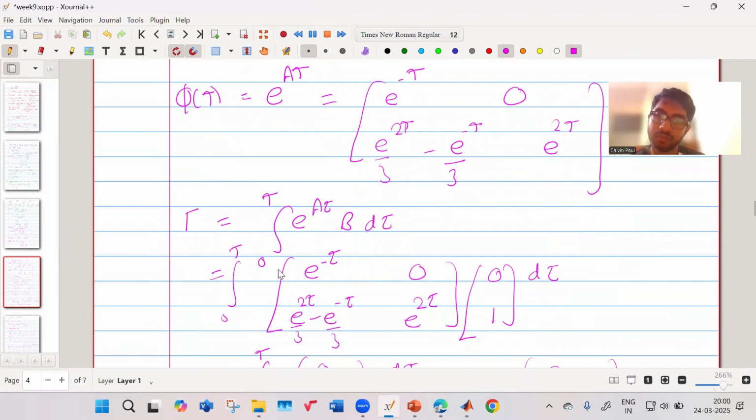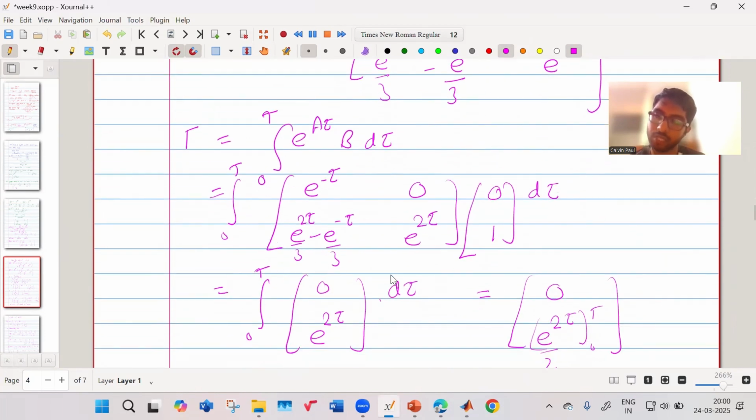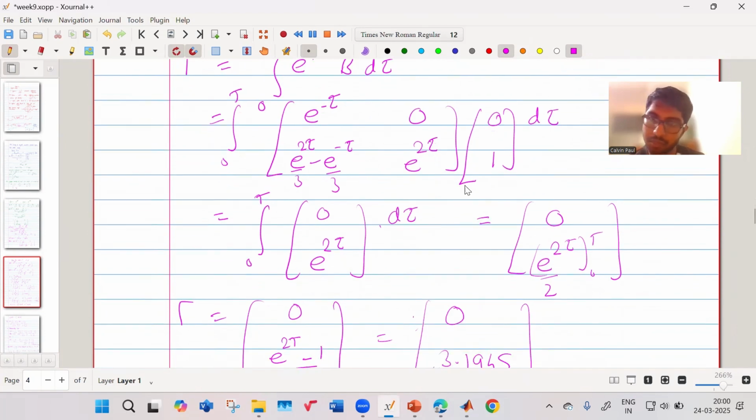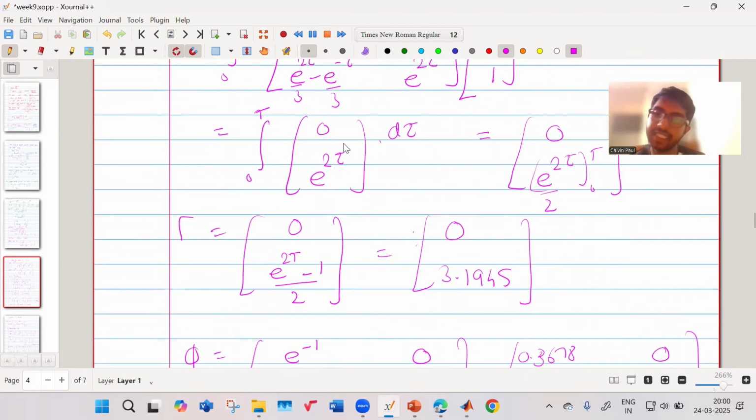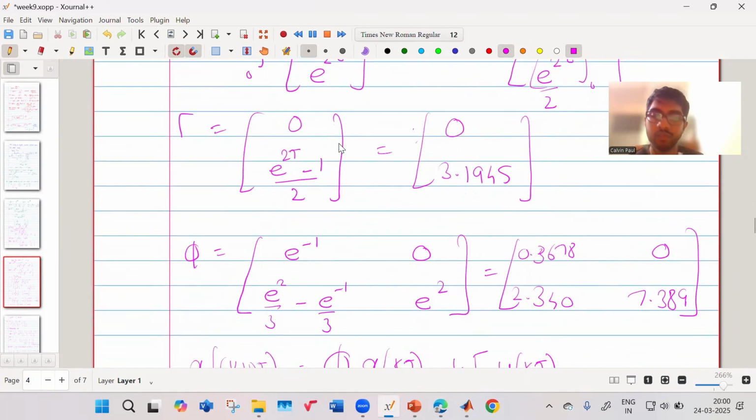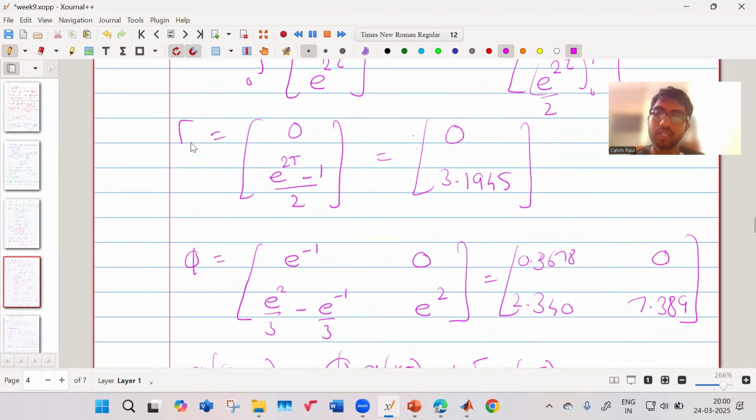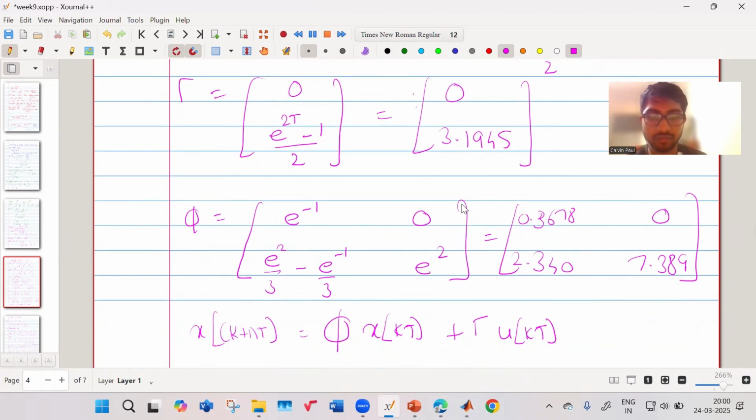Similarly, how do we find gamma? We have already found e to the power At. We substitute tau, multiply by B, and integrate each and every term inside this expression, and thus gamma is found. Then we substitute the value, considering a sampling period of T equal to 1, and we get this expression. If we consider a different sampling rate, the expression will change accordingly.